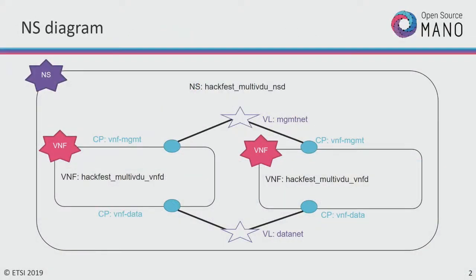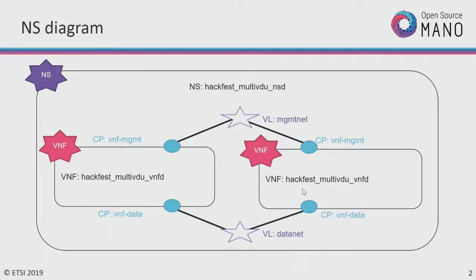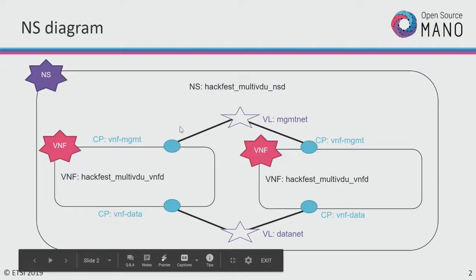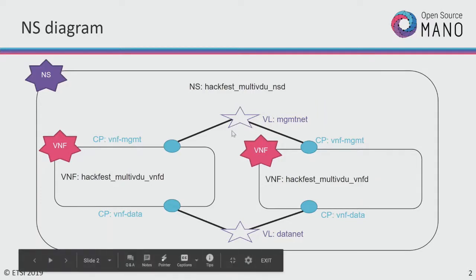So here we have the diagram of the network service. As you can see, we are using two VNFs. In this case they are the same VNF, duplicated, okay? And these VNFs we are going to connect to two networks. One network is management net and the other network is data net.